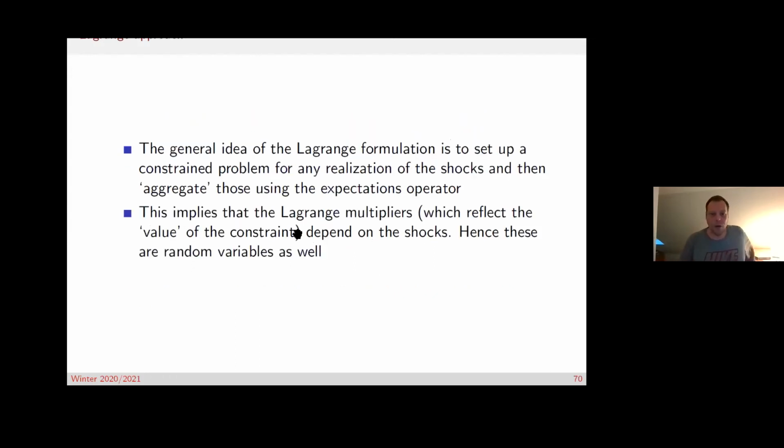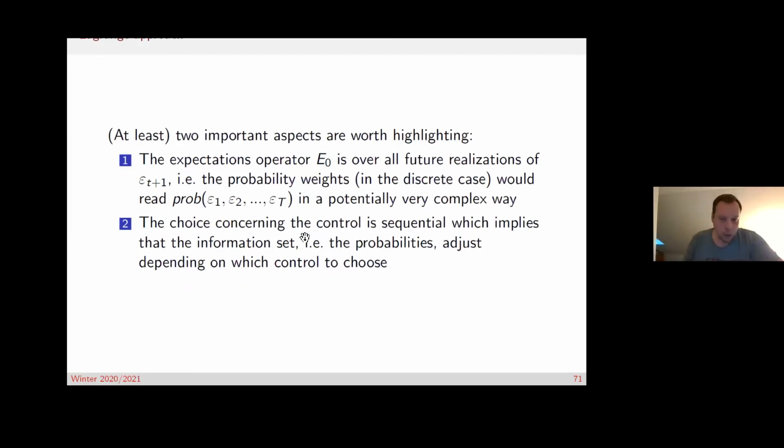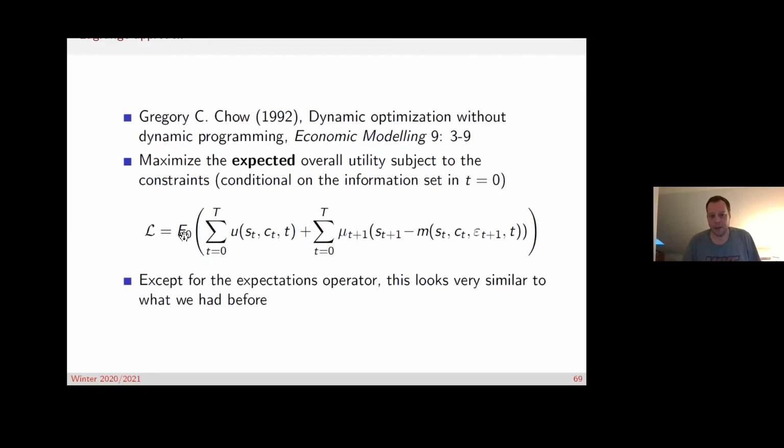Okay, you would just care less or care more depending on the expected realization. So we are wrapping it up a little bit. At least two aspects are important, and they cannot be stressed enough. The expectation operator, this E0, is conditional on the information set in 0.